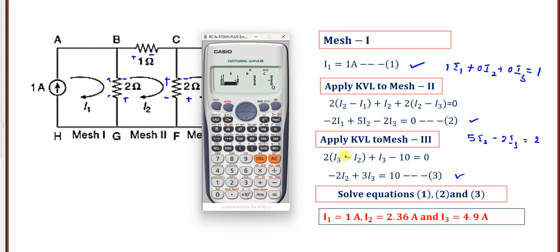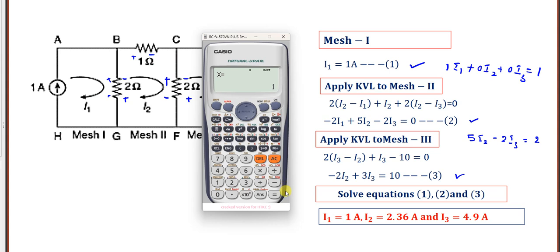From the third equation, there is no I1 term, so 0 I1 minus 2 I2 plus 3 I3 is equal to 10. If I now enter the three unknown variables, 3 cross 3 matrix, I1 should definitely come 1 only.